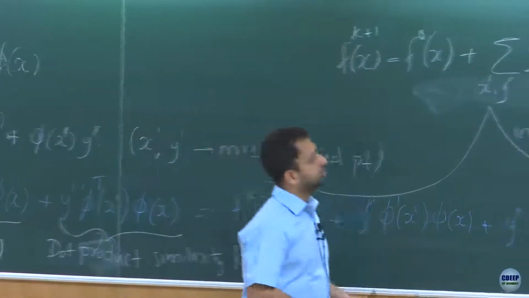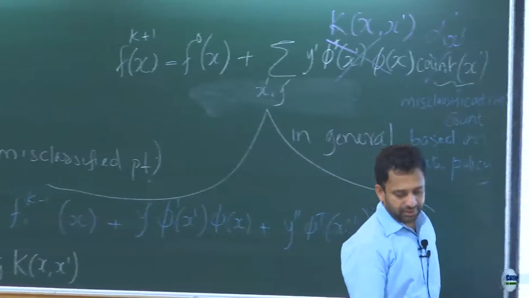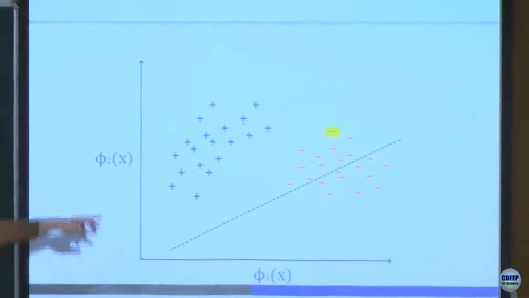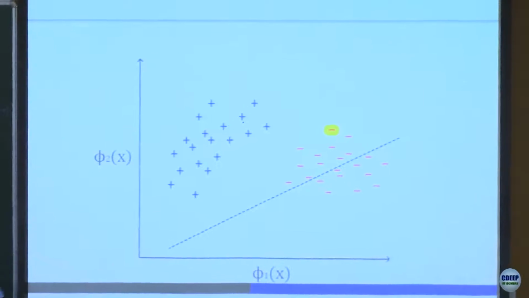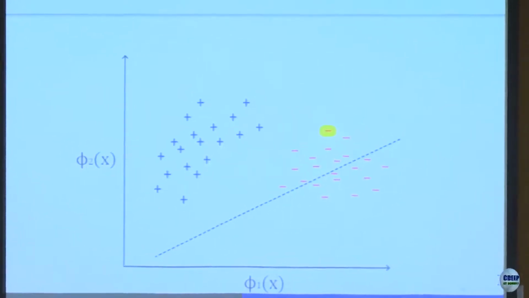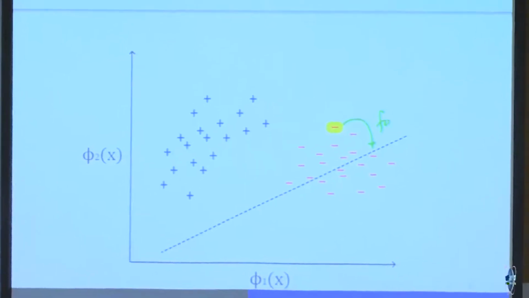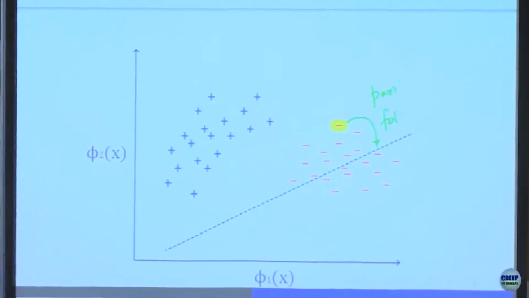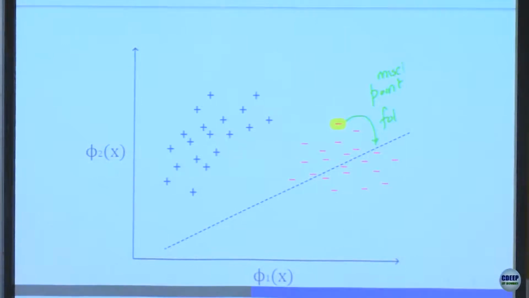Just to give you an idea of what's happening, let's look at this view again. You identified a misclassified point, and now you folded this into your classifier, and now your classifier has moved.